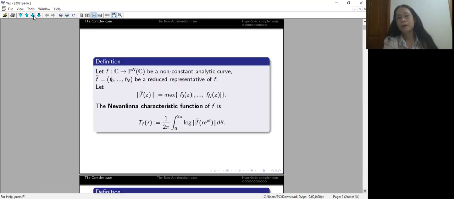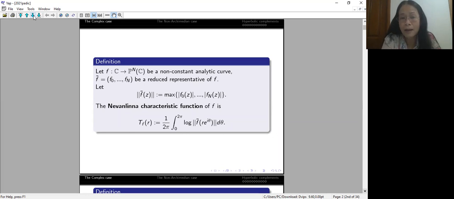Okay. At first, I will give some definitions. For a simple way, I will give the definitions in high dimensions first. Let f be a non-constant analytic curve into projective space with reduced representative f0 to fn.